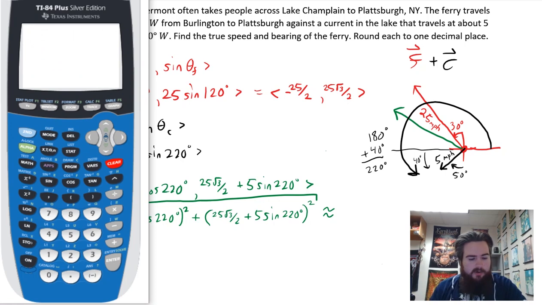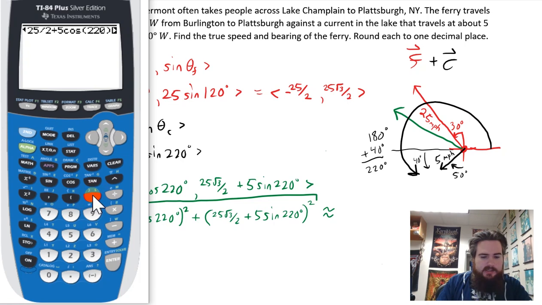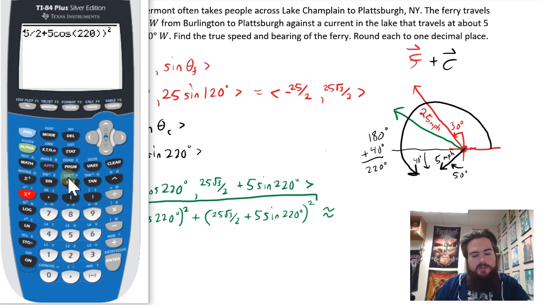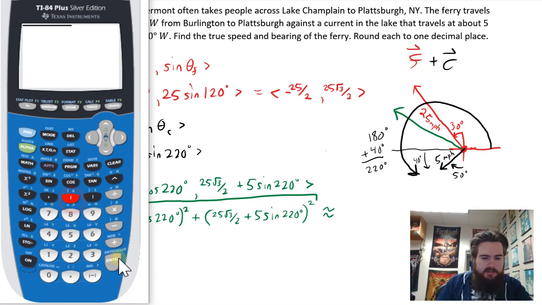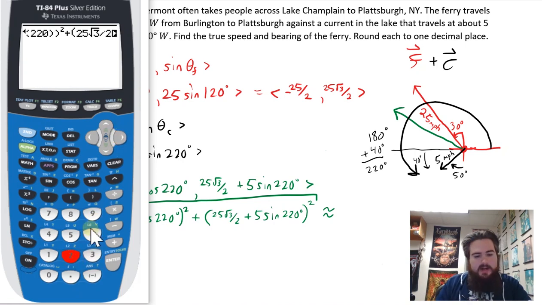I do say approximate because we now will need to use a calculator for this purpose. So let's bring up a calculator here. Make sure you're in degree mode since we are going to be plugging in degree measures into sine and cosine. It'll be the square root of negative 25 over 2 plus 5 cosine of 220 degrees, that quantity taken to the power of 2, plus the quantity 25 square root of 3 divided by 2, and then we add that to 5 sine of 220 degrees, and that quantity is also squared.